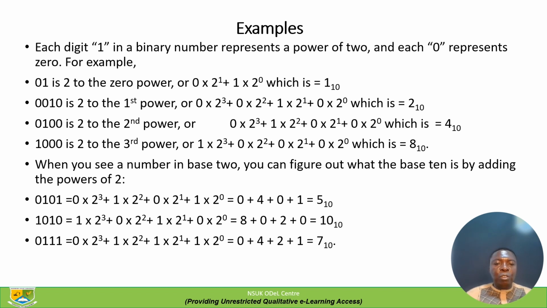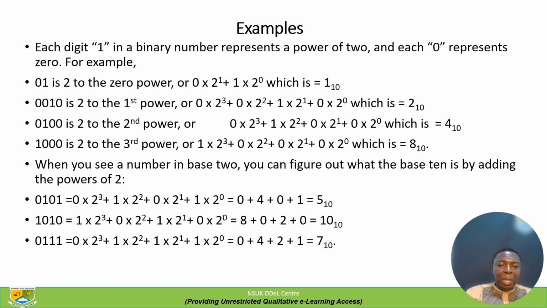So when you see a number in base 2, you can figure out what the base 10 is by adding the powers of 2. For example, 0101 is equal to 0 times 2 to the power of 3 plus 1 times 2 to the power of 2 plus 0 times 2 to the power of 1 plus 1 times 2 to the power of 0, which is equal to 0 plus 4 plus 0 plus 1, which is 5 in base 10.